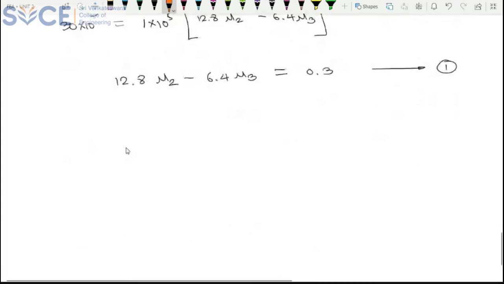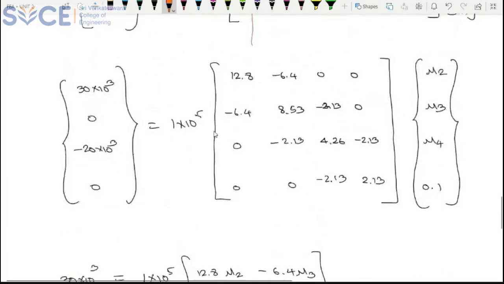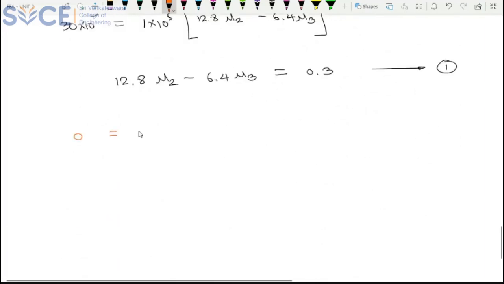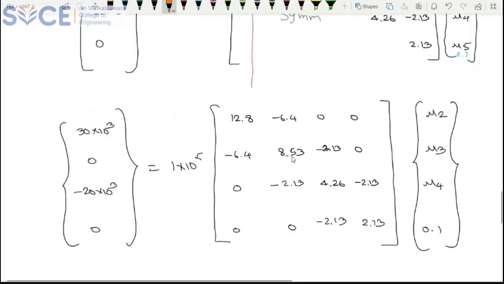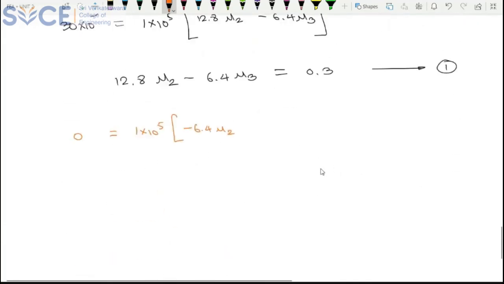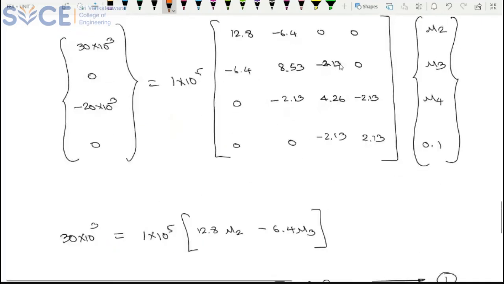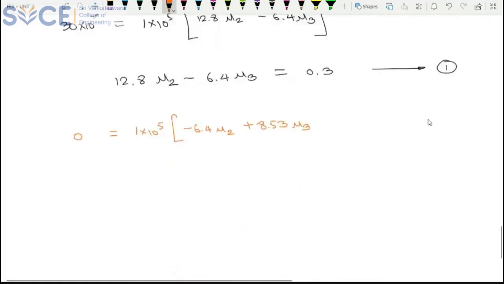Next, let me go for the second equation. 0 is equal to minus 6.4 U2. So 1 into 10 power 5 is common. Let me write it out: minus 6.4 U2 plus 8.53 U3 minus 2.13 U4 is equal to 0.